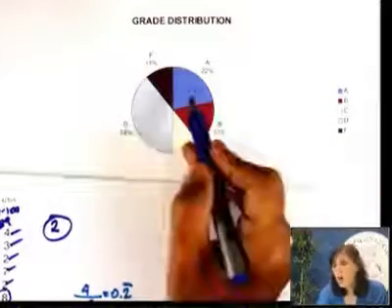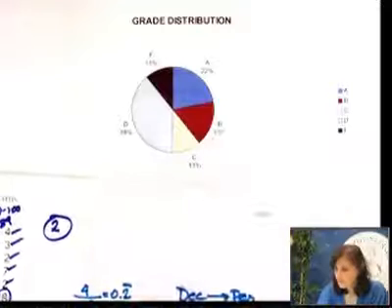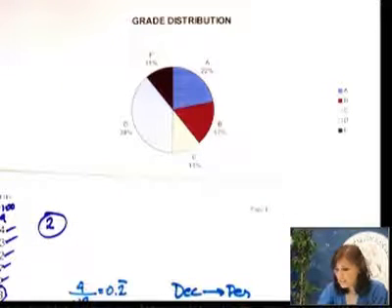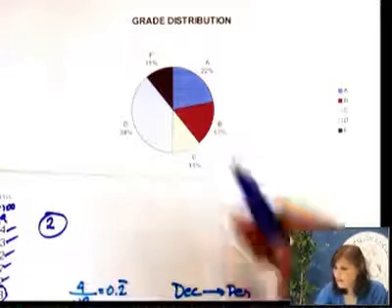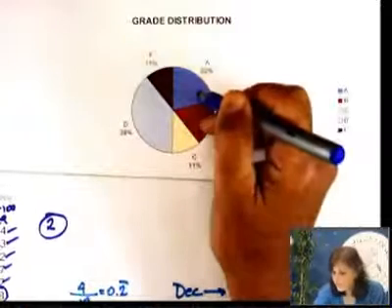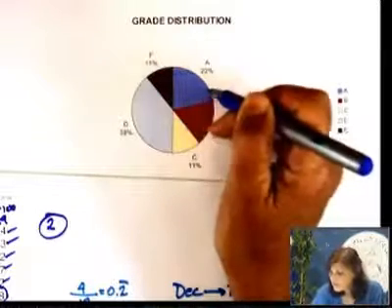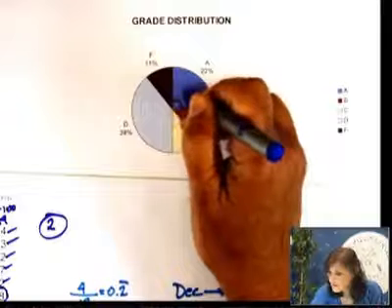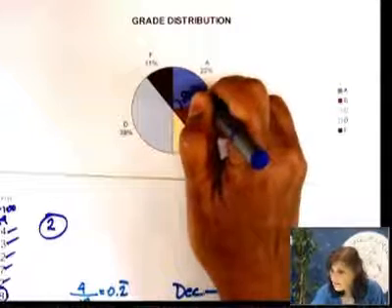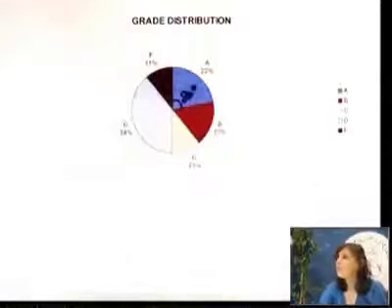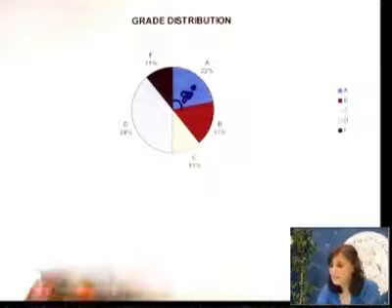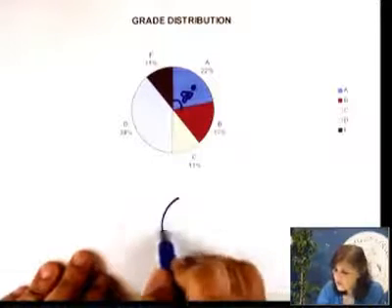But if I want to draw this from scratch, remember how much the A was? For A's, it was 80 degrees. So for me to use a protractor to draw an 80 degree slice, this is what you do.